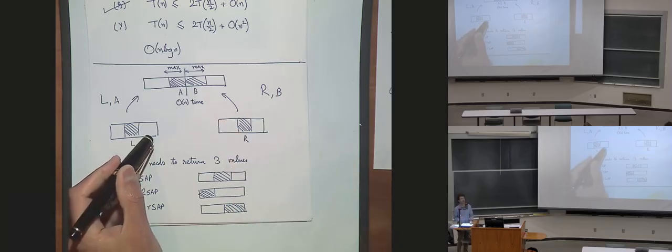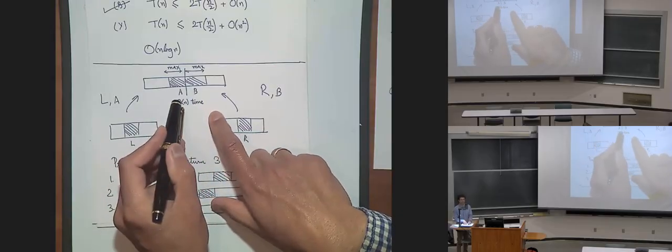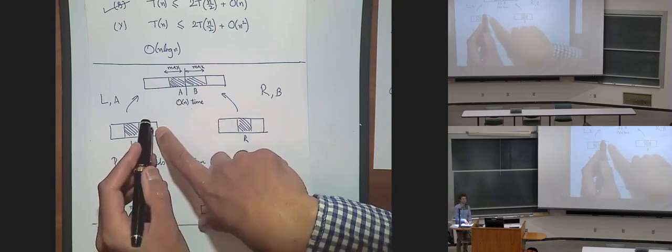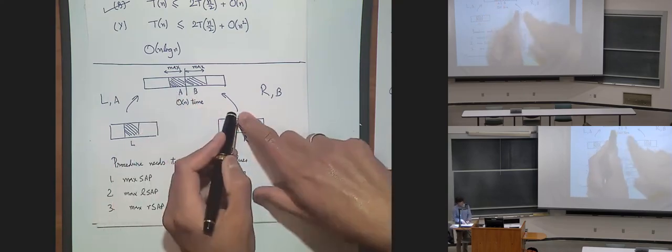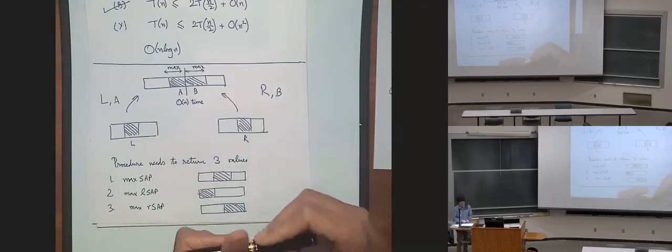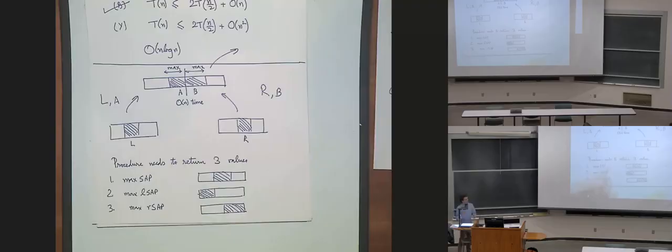So this is how I approached it. I said, look, I really want to find A and B to be able to do that combine step. What would be nice is if the recursive procedure actually told me what A is, and this recursive procedure told me what B is. But if that's the case, then this procedure, which itself was called recursively, has to send the appropriate quantity as well.